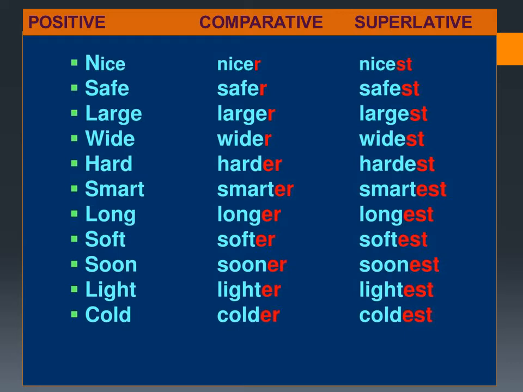Smart, smartest. Long, longest. Soft, softest. Soon, soonest. Light, lightest. Cold, coldest. So you can observe EST is added to the positive forms of words. Then that is called superlative degree.